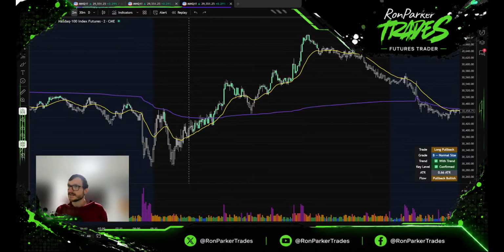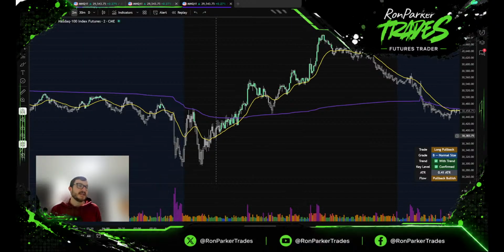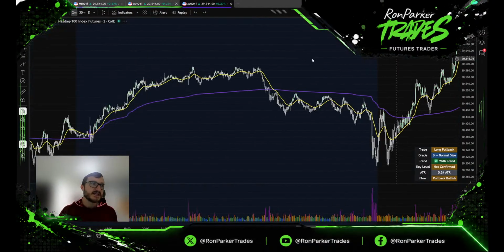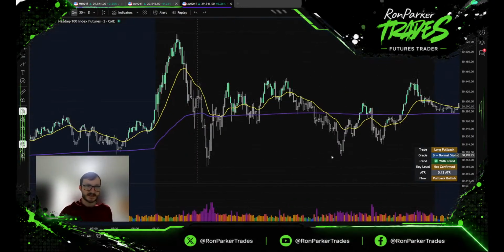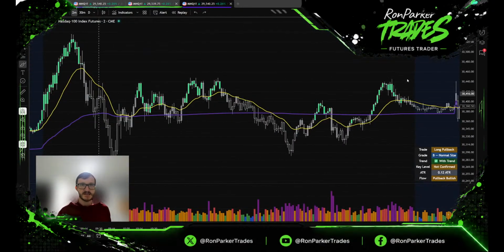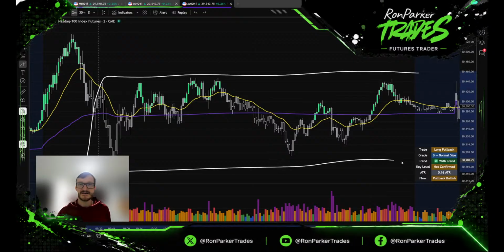What else? VWAP has so much to offer. The in-between. So you might be thinking, well, what about when price is near VWAP or wrapping around it? This is a great example. Do you see how this entire area, VWAP is flat, it's horizontal.